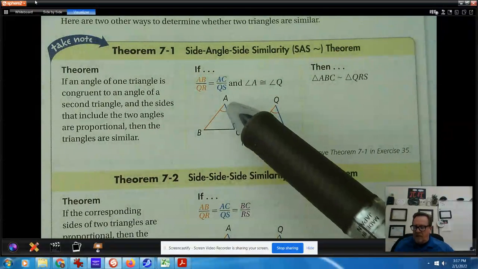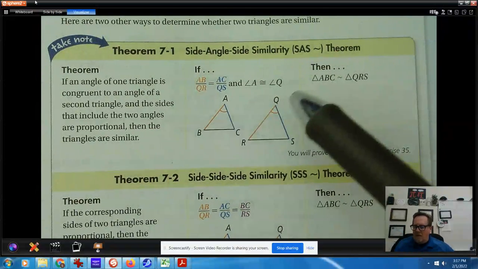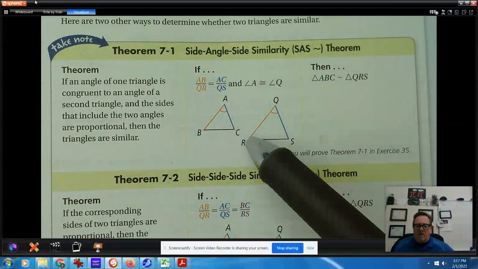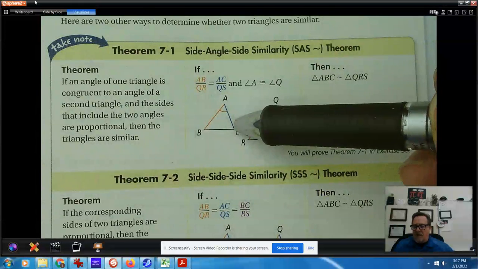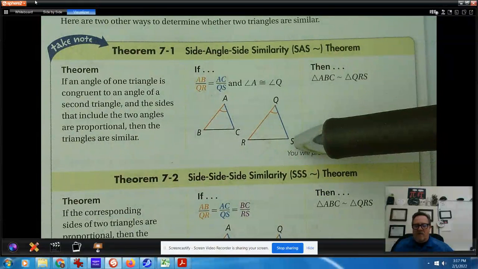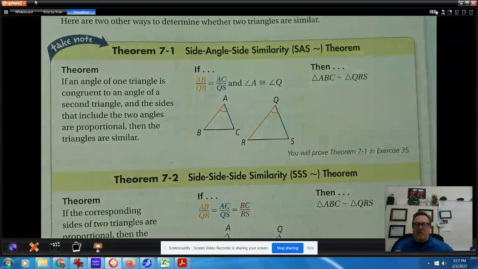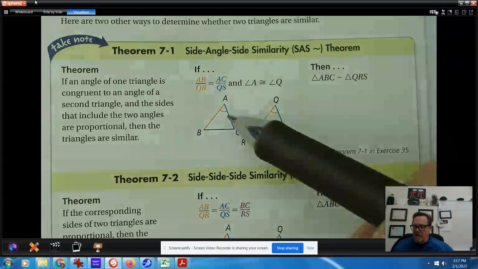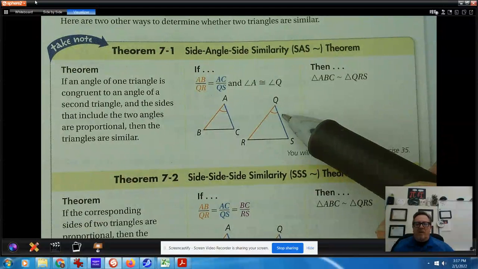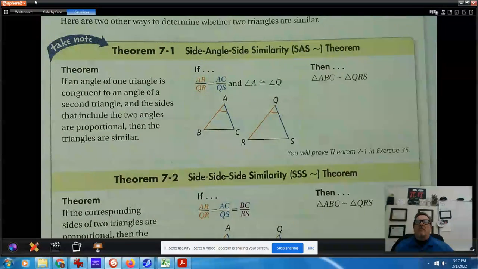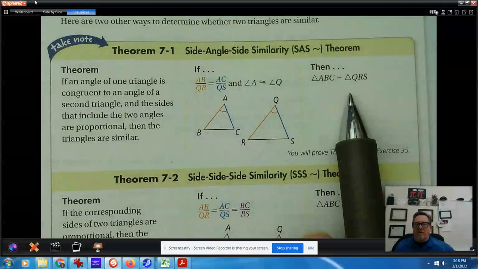So, for example, if AB over QR, if that ratio was the same as AC over QS, and at the same time the included angle, remember included angles are the ones that are between the sides, and the included angle of this triangle is congruent to the included angle of this triangle, then those triangles are going to be similar.